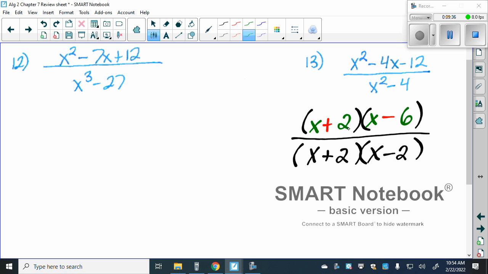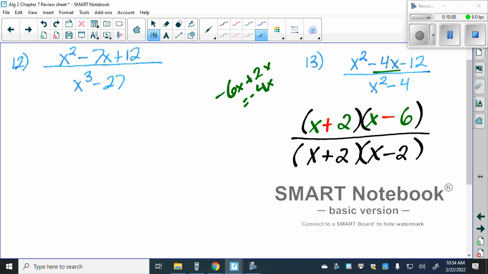So for these to work, we would need the 6 to be negative. And again, we can check it to make sure. And if we multiply through, x times our negative 6 would be negative 6x. The 2 times x would be our plus 2x, which would give us a negative 4x, which is the middle term that we wanted. Any questions on this here?